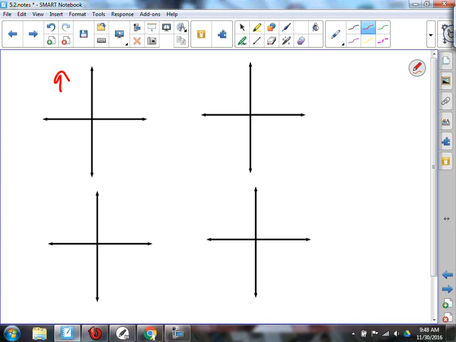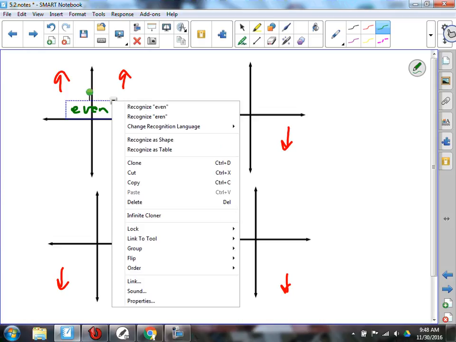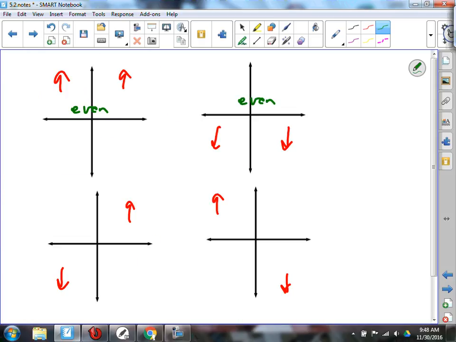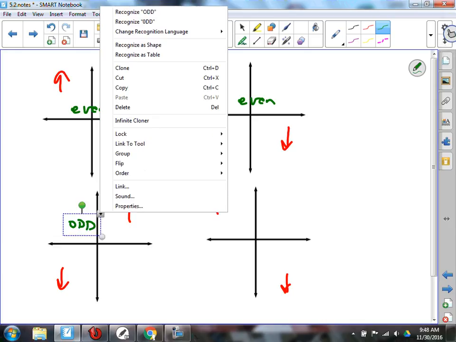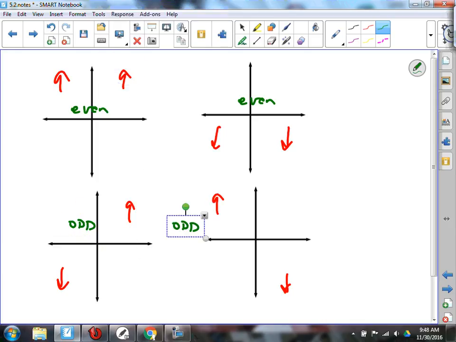We could have something like this, something like this, something like this, or something like this, right? In the case where the graph does the same thing on both ends, remember the degree of those functions would be even. The degree in the other case would be odd, when the function does opposite things on both ends.